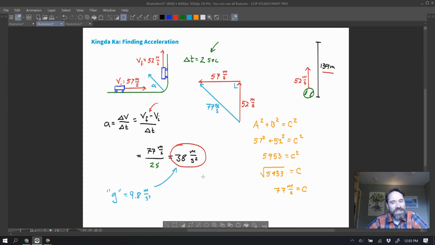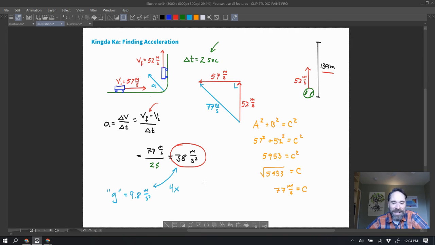This is 38 meters per second squared, and what you feel normally on the ground is 9.8 meters per second squared, which means this is about, not quite, but about 4 times greater. And 4 times greater means a significant amount of force that you would feel.